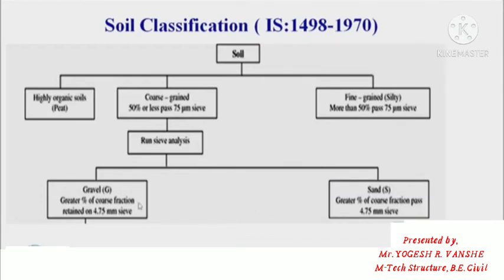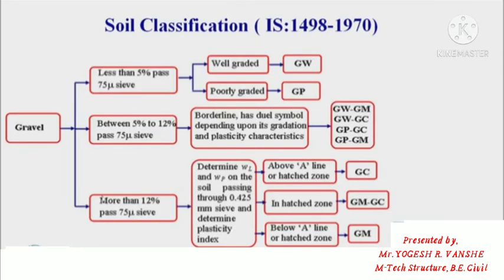Further, we can have a classification of the gravel and sand. In the next slides, we will see how the gravel is further classified, based on the fine materials present in the soil.